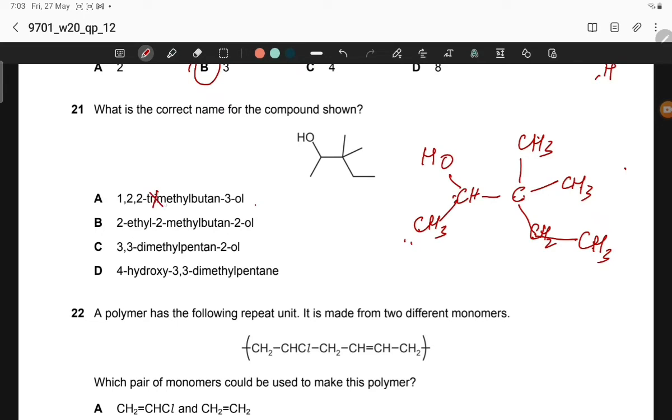No, this is incorrect. Numbering 1 2 3 and 4, this is 3.